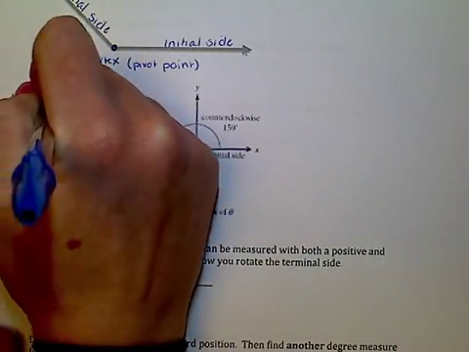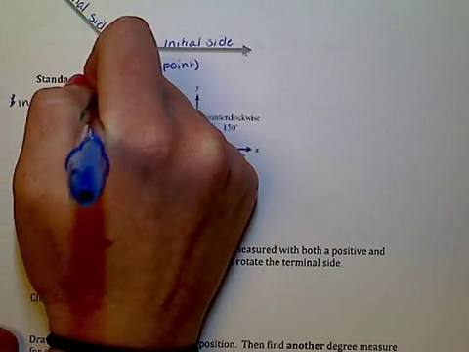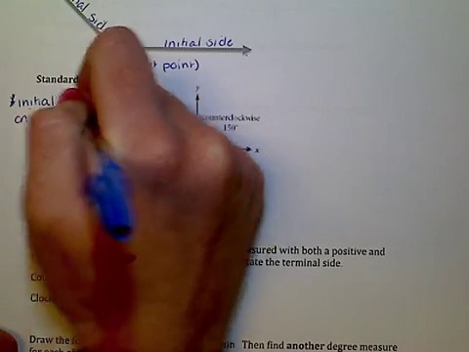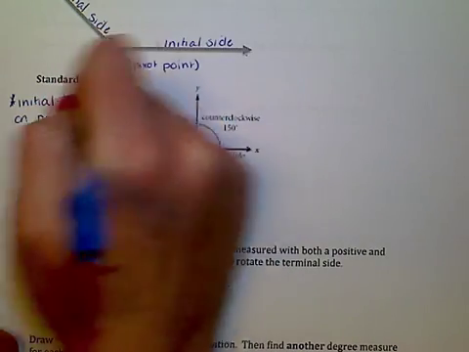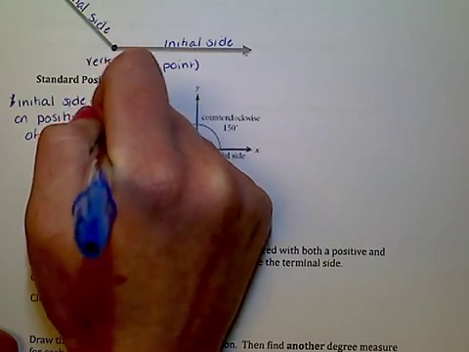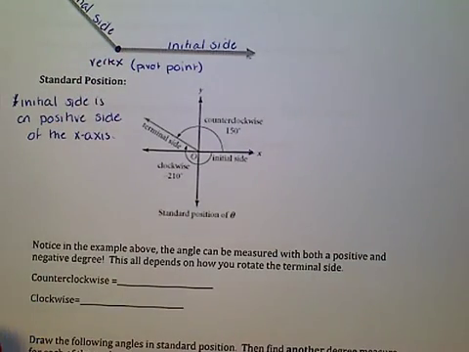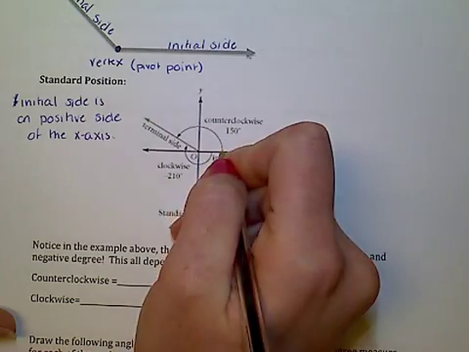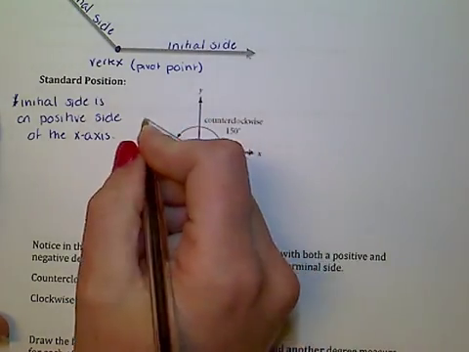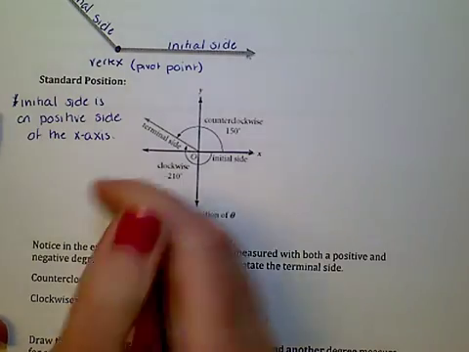Initial side is on the positive side of the x-axis. That's sort of our starting point. And we rotate around counterclockwise from there, and wherever we stop is our terminal side.